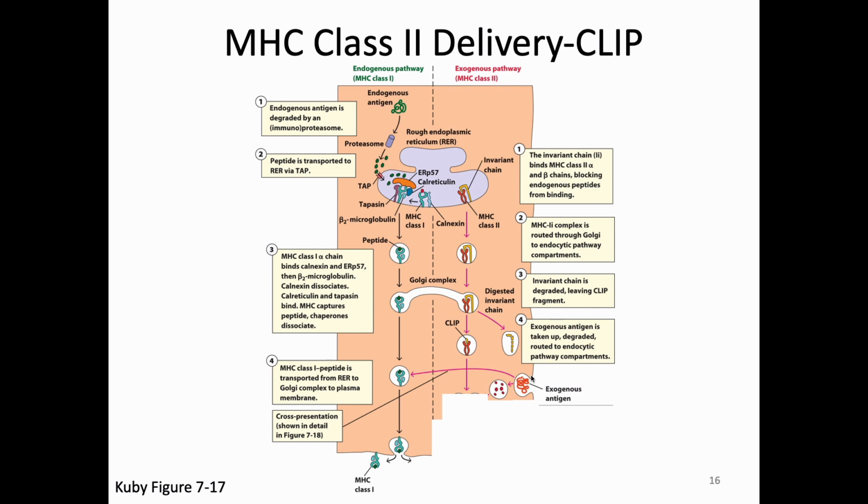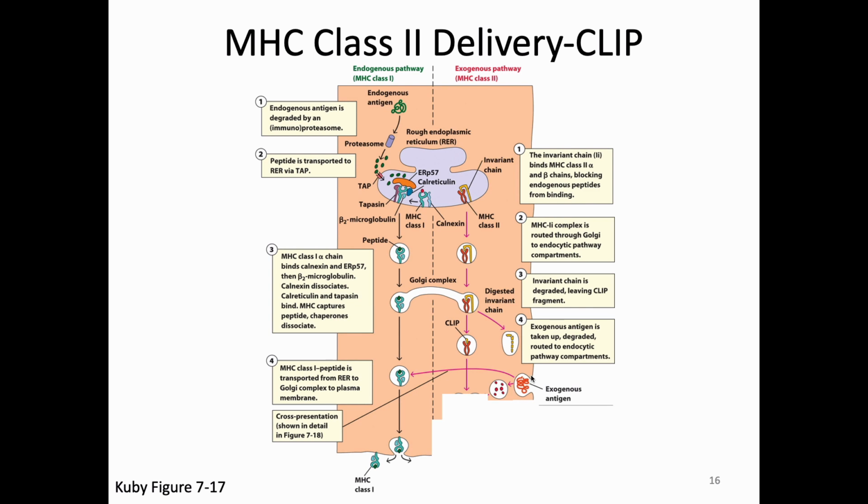I told you before that MHC class II plus peptide is a super stable molecule. SDS stable, in fact. So now we've solved the problem of keeping peptides that shouldn't be there out of class II. But we've created a new problem.